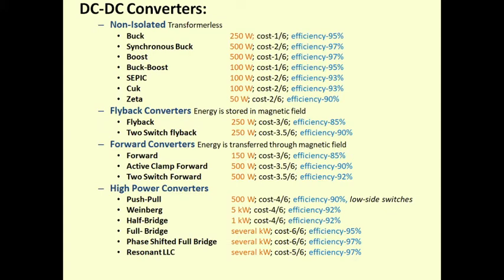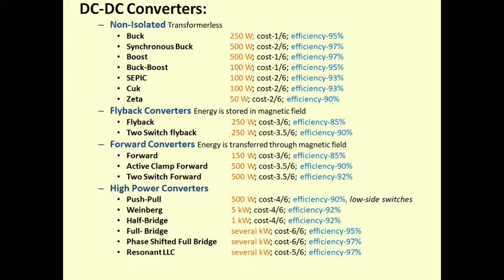Coming to DC converters, if I classify them, we have non-isolated converters, meaning there is no transformer in them. These are the buck converter, synchronous buck, boost, buck-boost, SEPIC, Cuk, and Zeta converters.